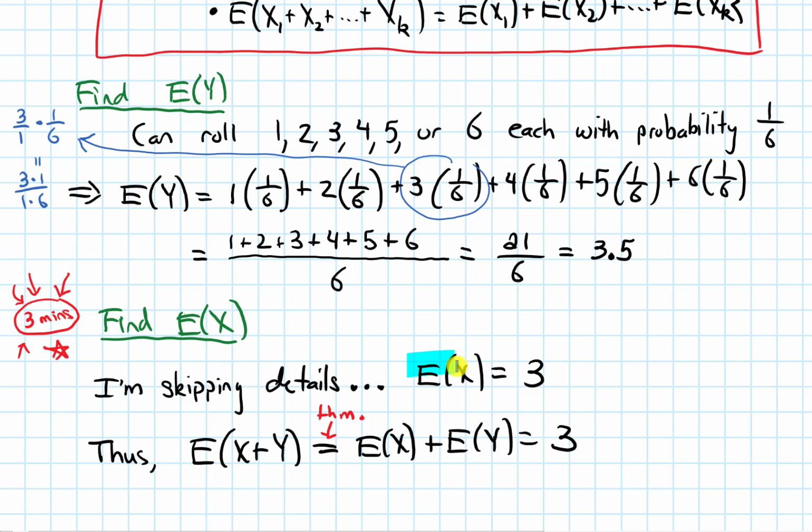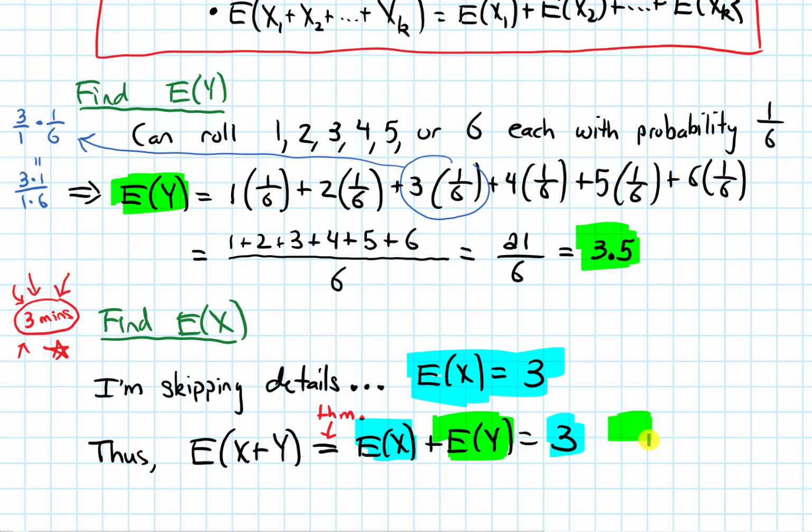The expected value of y we had worked out, which was 3.5. So plus 3.5, and if we add 3 to 3.5, we get 6.5. And that is my expected value overall for the sum.